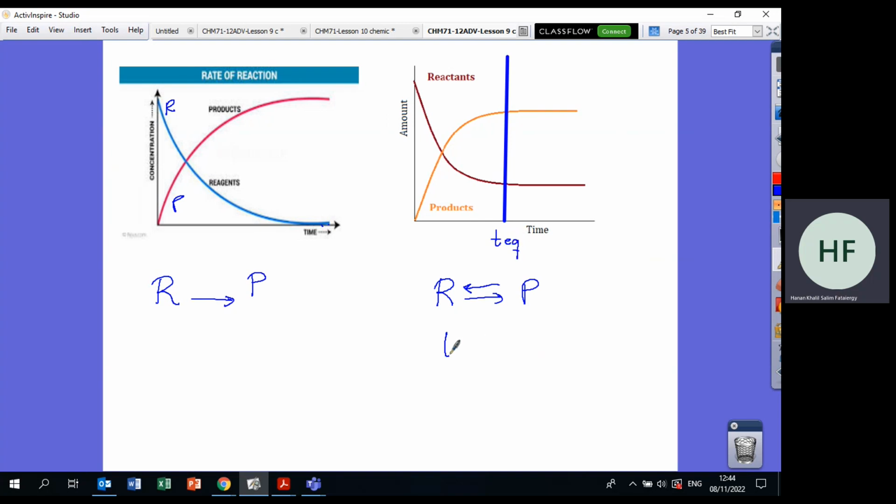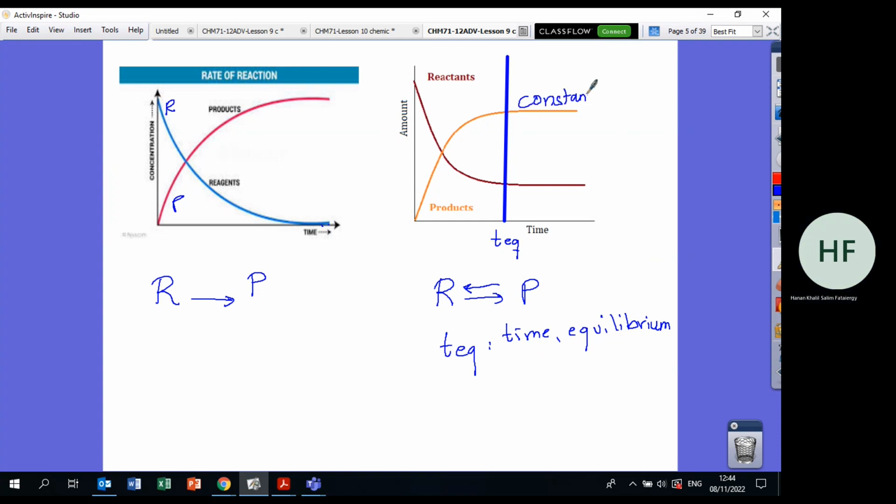TEQ means T is time, EQ means equilibrium. So this is the equilibrium time. What happens at equilibrium? At equilibrium, the reactants become constant and the products become constant. So both reactants and products are constant.